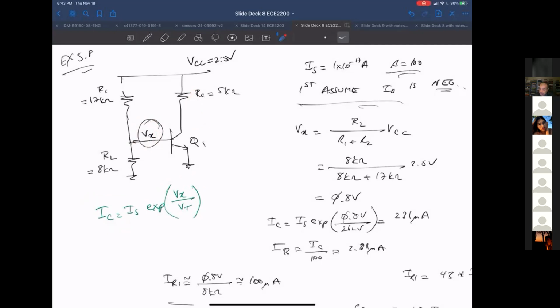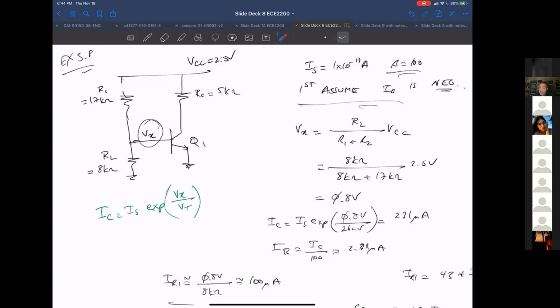So instead of being 231 microamps, it would be 2.3 milliamps, if this changes by only 60 millivolts. That's the problem with this circuit: variations in R1 and R2, and the fact that I sub C is exponentially dependent on V sub X, make it not the perfect choice. That's the next layer you have to worry about.